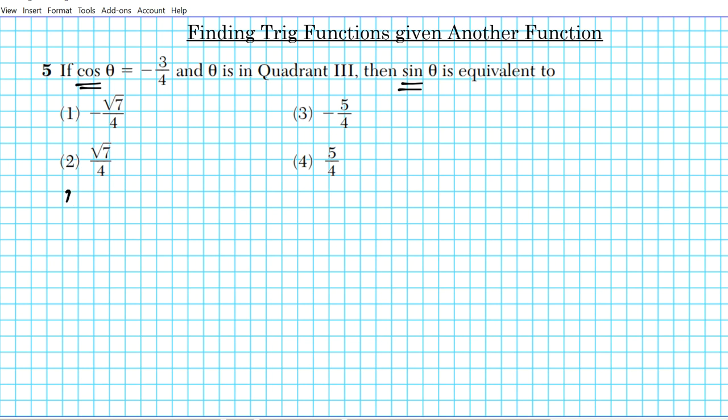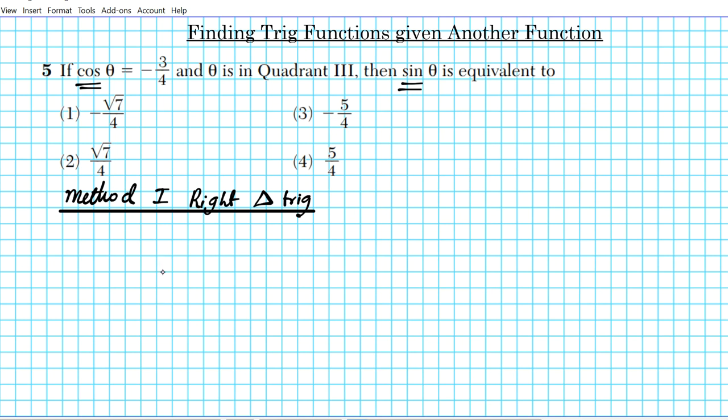Okay, so method 1, we're going to be using the right triangle trig method. Let's do it. It just involves us, in this particular scenario, drawing the triangle in standard position and then using SOHCAHTOA to finish it off.